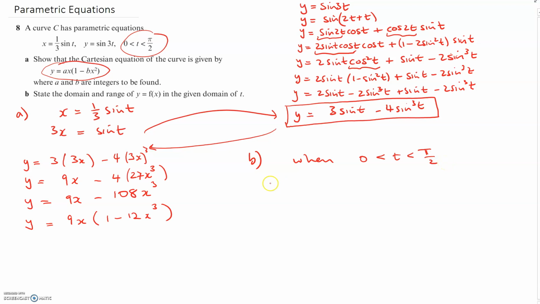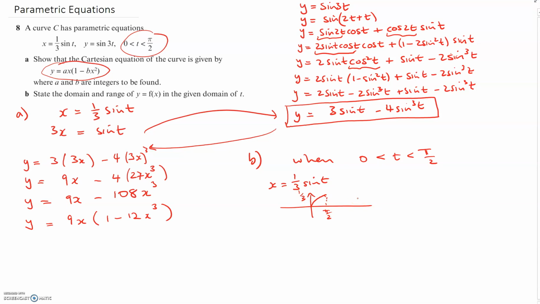Well, let's first consider this one. x is a third sine t. Think about what happens for the graph of sine t in these values. It goes up to 1, and multiplying by a third will therefore go up to a third.